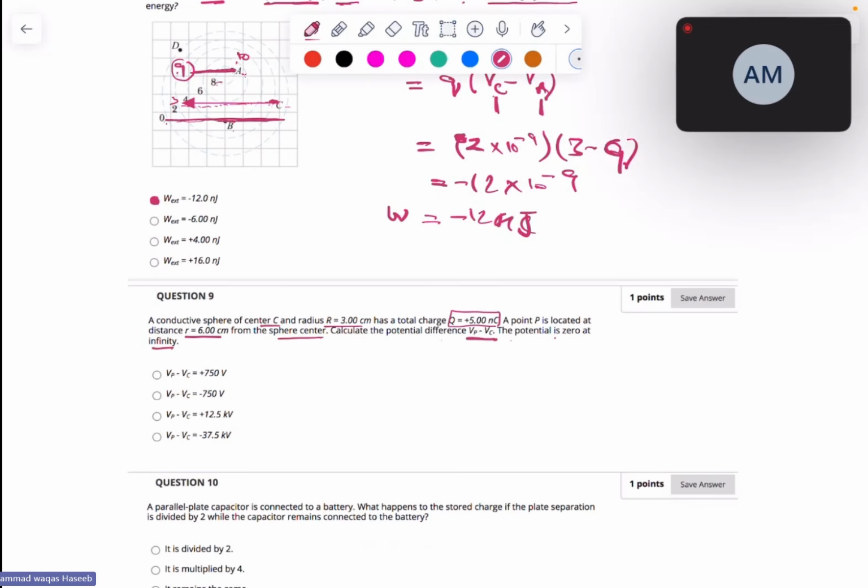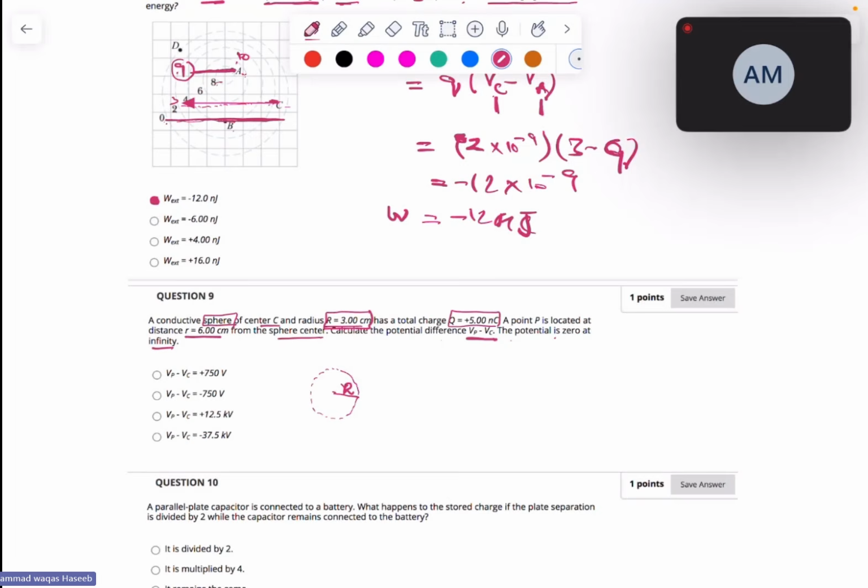So, what is the situation? The situation is like you have a conducting sphere which has a radius capital R. Capital R is 3 centimeter, and it has a charge because it's a conducting sphere. Sphere is a three-dimensional object. So the total charge is 5 nanocoulomb.